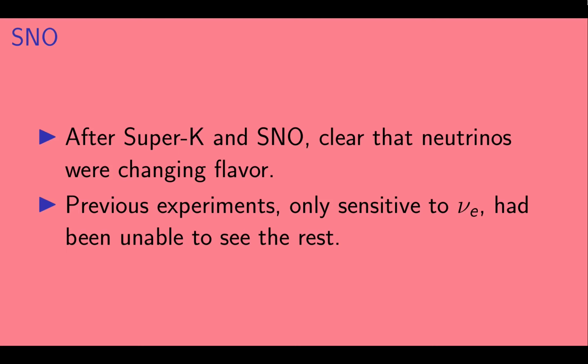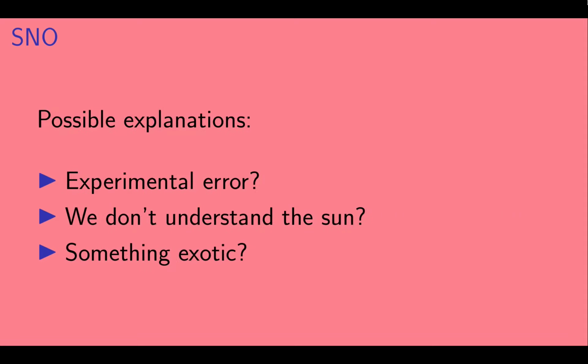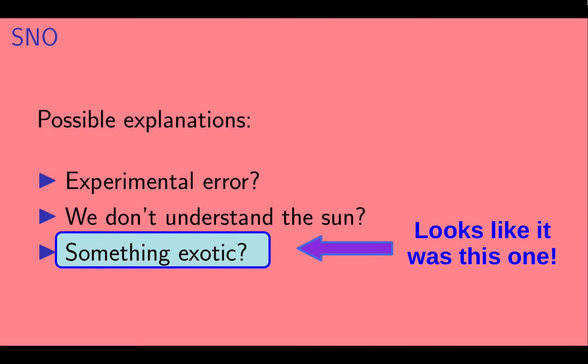Previous experiments, which could only see electron neutrinos, had been unable to see most of the flux. So we said at the beginning that there were three classes of possible explanations for the solar neutrino problem. They were experimental error, a poor understanding of the sun, or something exotic going on. It turned out to be the last of these.